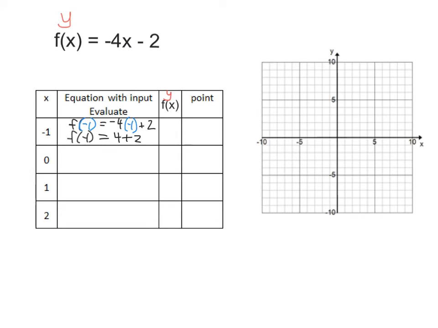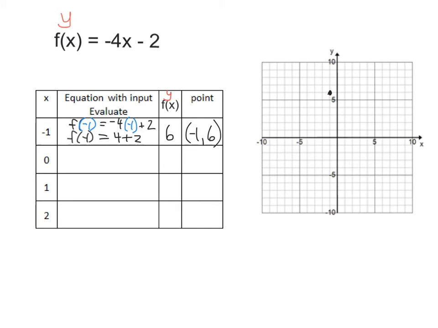So 4 plus 2 is 6. So when we have our input of -1, our output, or f of -1, is 6. So we're going to plot -1, 6. -1, 6 is going to be right here.